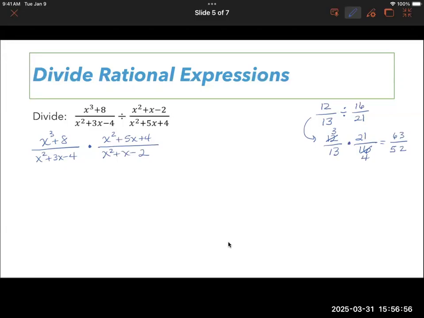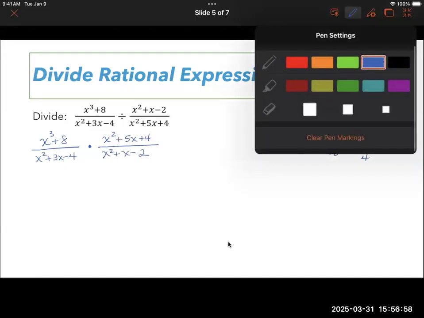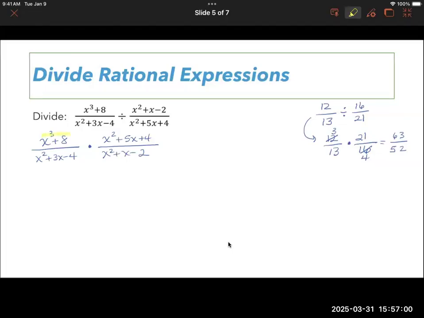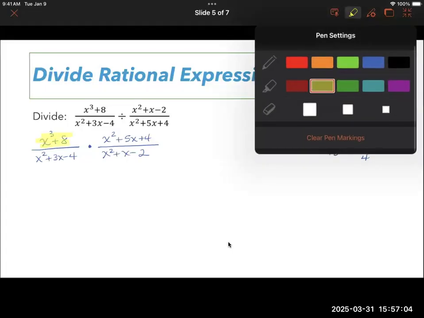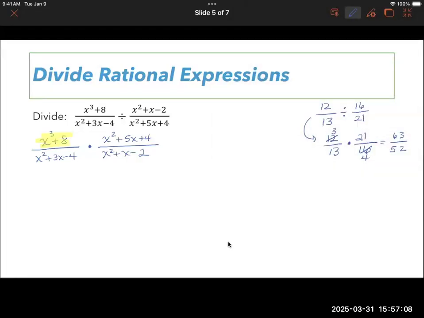Now let's talk about factoring. So you'll notice here, in the first numerator, I have a sum of cubes. There is a pattern to factoring the sum or difference of cube numbers. And the pattern looks like this.